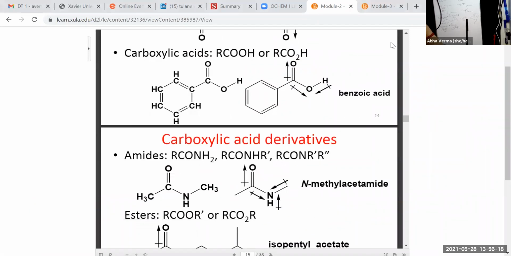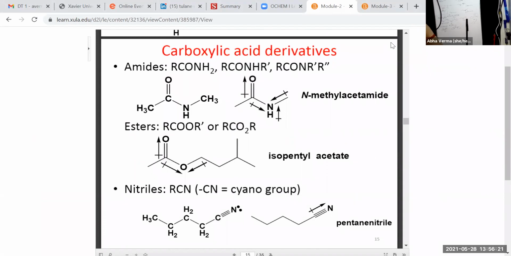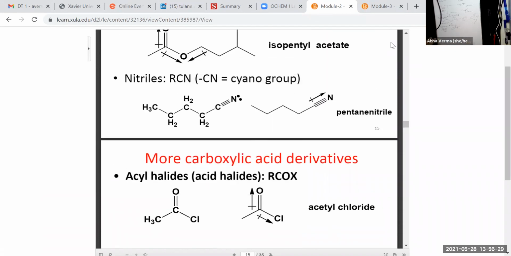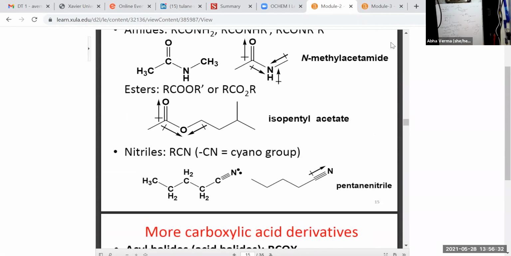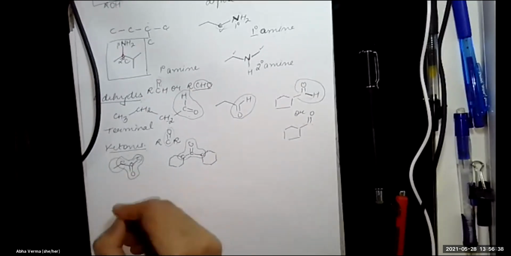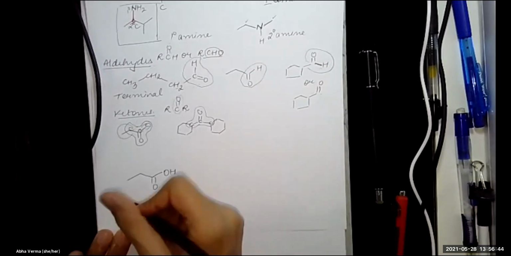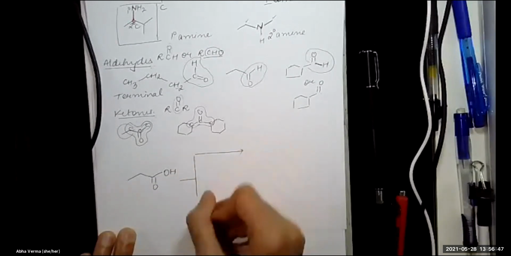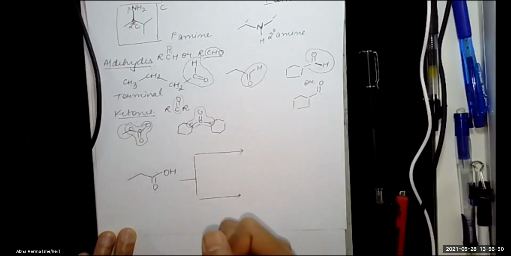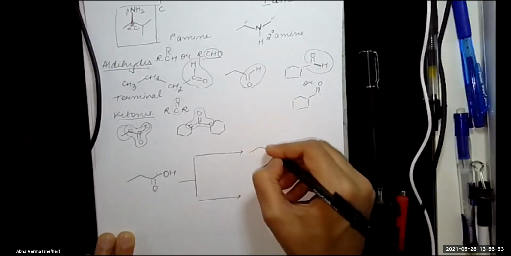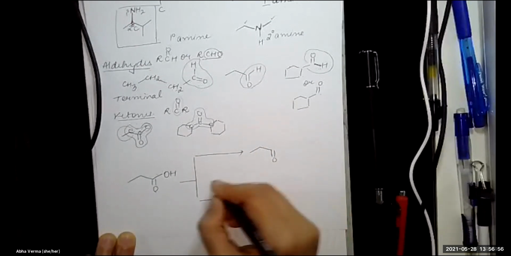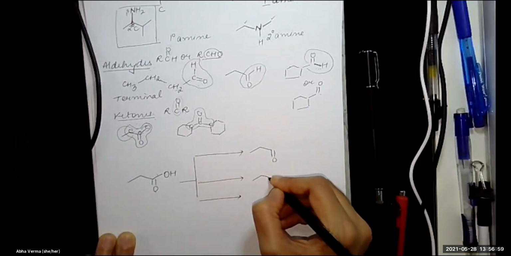Now the carboxylic acids have their own derivatives, and these derivatives are on slides 15 and 16. I'm going to rewrite them a little bit on my paper. So let's say that I have a carboxylic acid. From this carboxylic acid, using all of this part, I can make a few other functional groups.